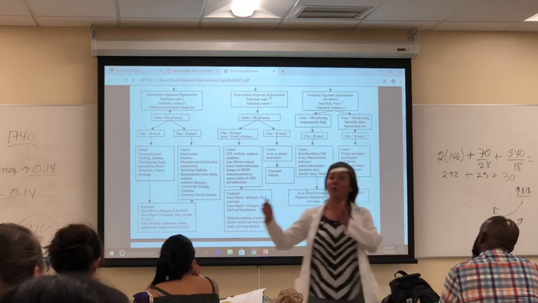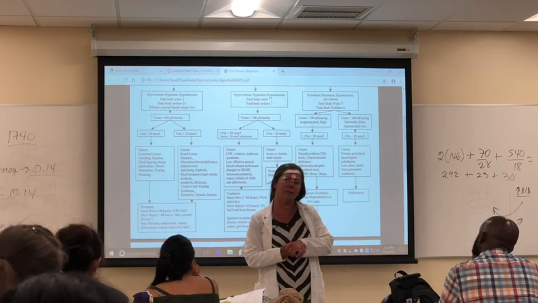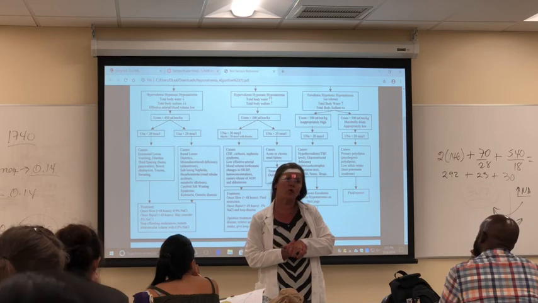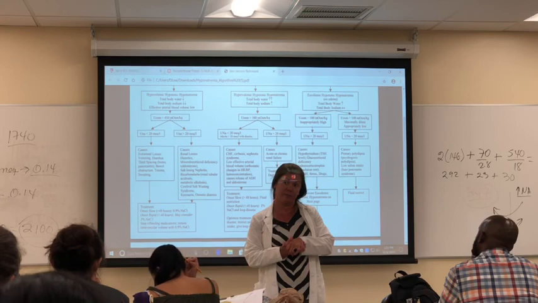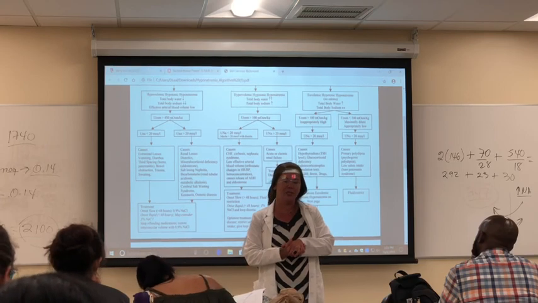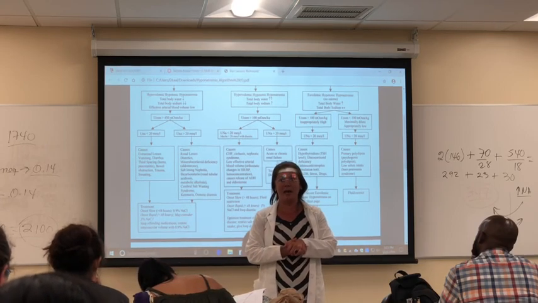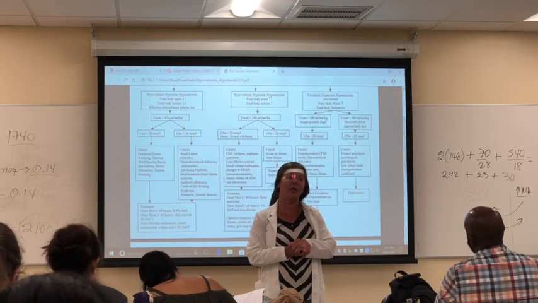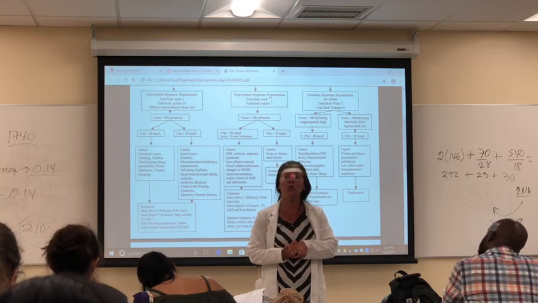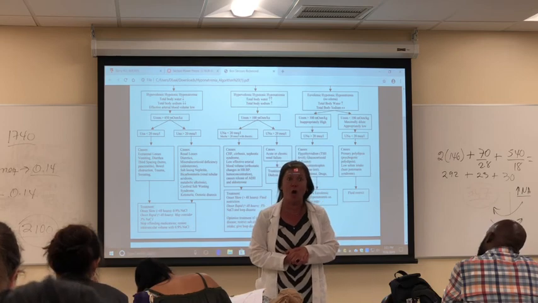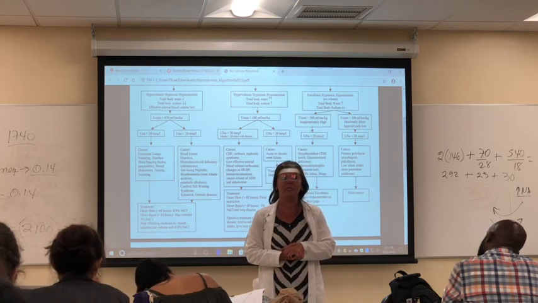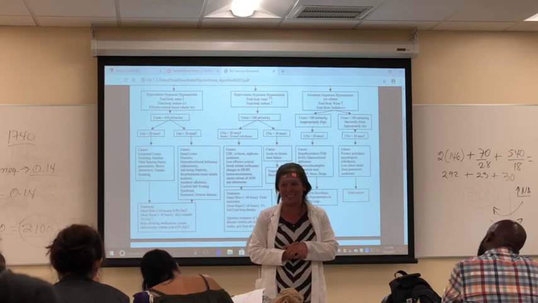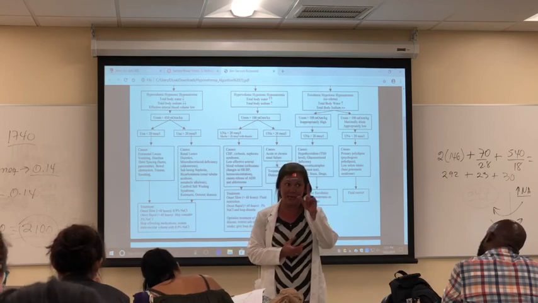Now, the other option is, what's the function of ADH? Reabsorption of water only. Water only. So that means that if I have a syndrome of inappropriate antidiuretic hormone, I am secreting too much ADH and I'm retaining fluid only, but the patient will never go to the point of hypovolemic state until late stages.